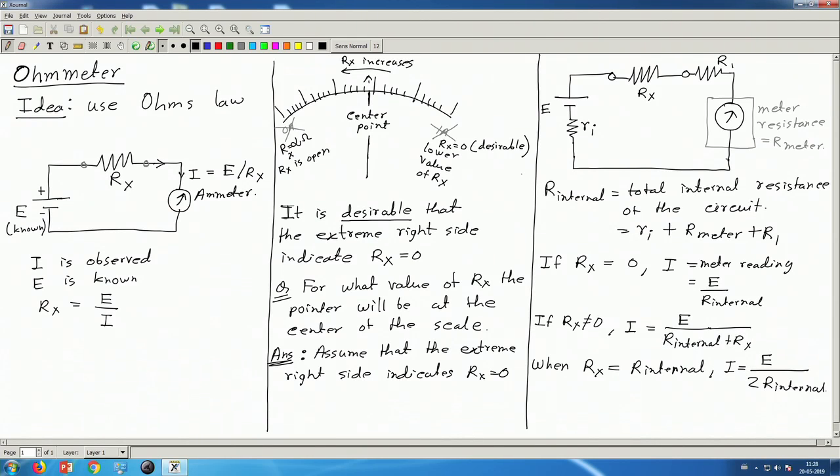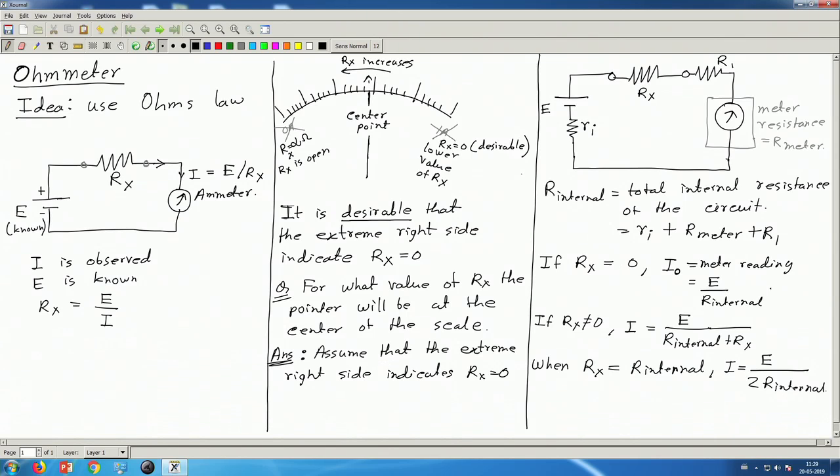So, this becomes 2 times R internal. This is the current when the resistance Rx is equal to R internal. Now, let me denote this particular current as I0. This current is the current when Rx is equal to 0. So, this is the current I0 which is for Rx equal to 0.